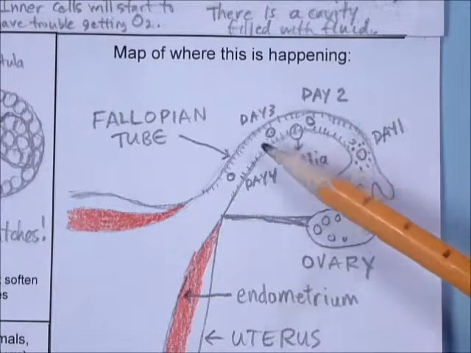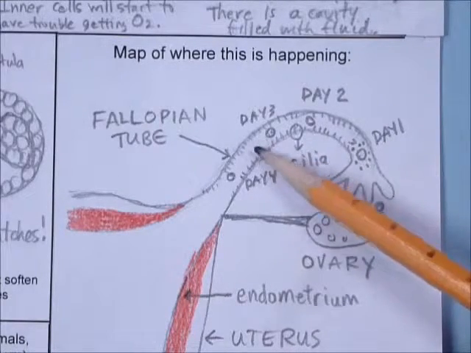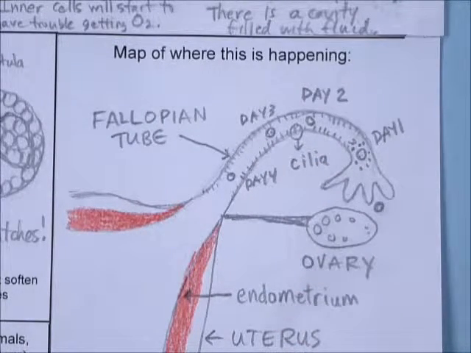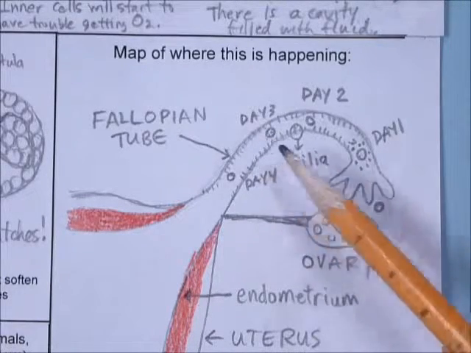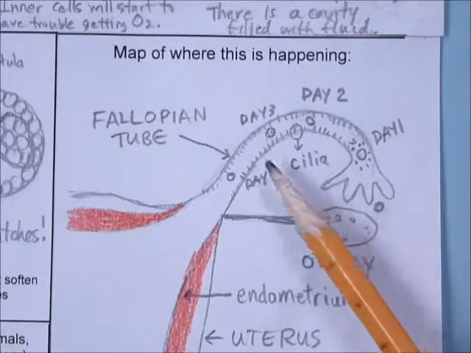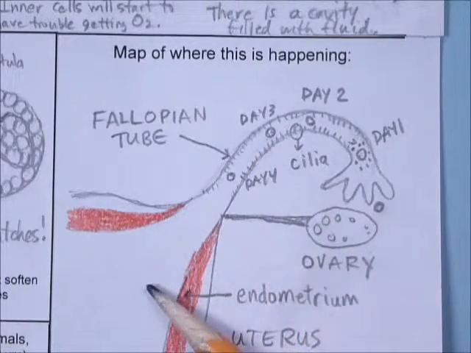So any woman that suspects she's pregnant and is having sharp pains on her side, they immediately try to find out if she has what's called an ectopic pregnancy. And really the only thing they can do is remove the embryo. I don't think they can successfully implant it down here.